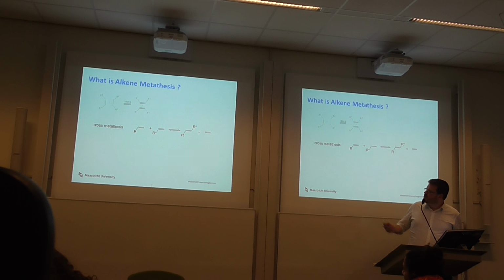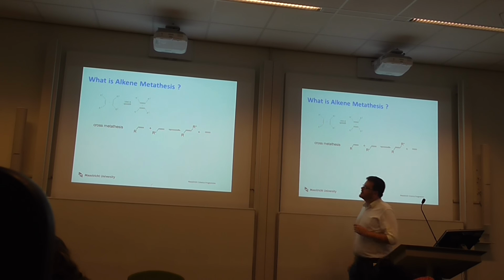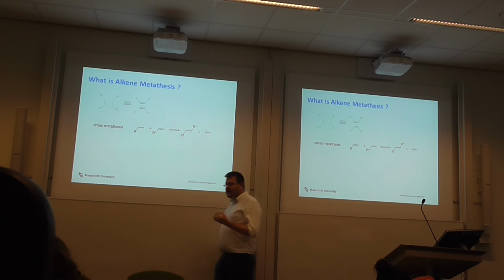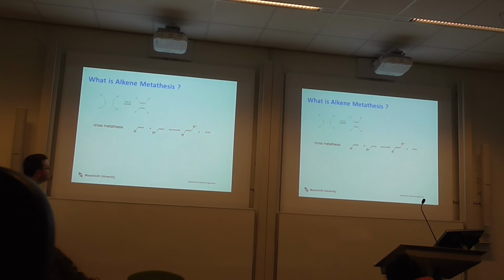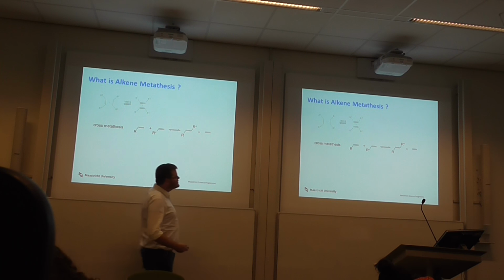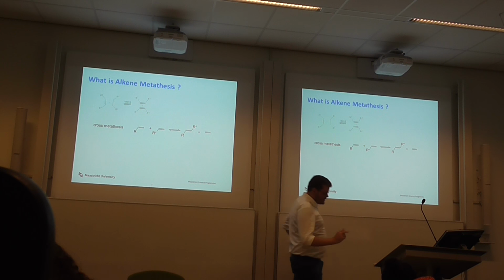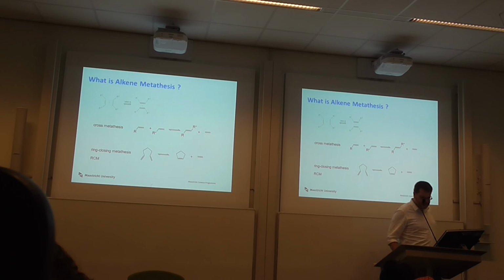You in fact generate two products here. If you take two alkenes and you perform metathesis, you always end up with two products, two new alkenes. So that's cross metathesis. We're going to look at the mechanistic details in a moment.